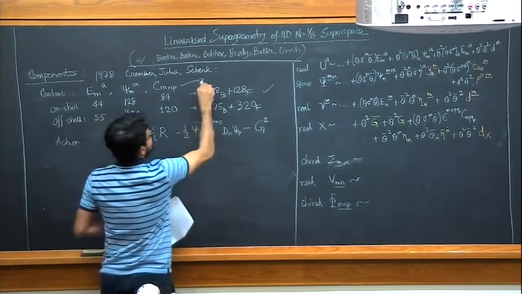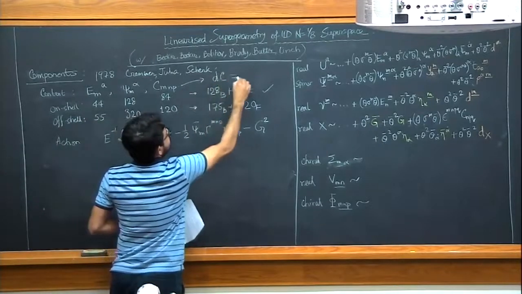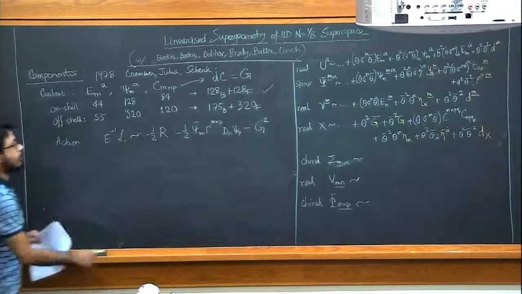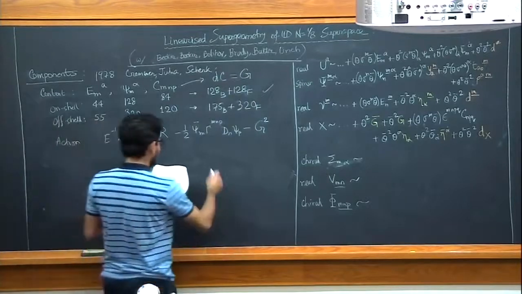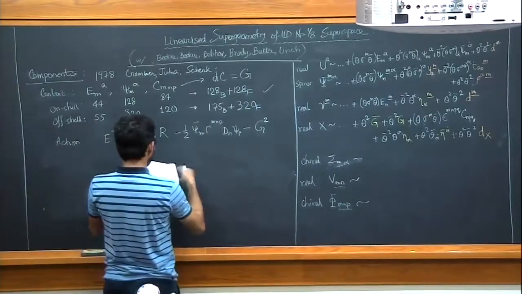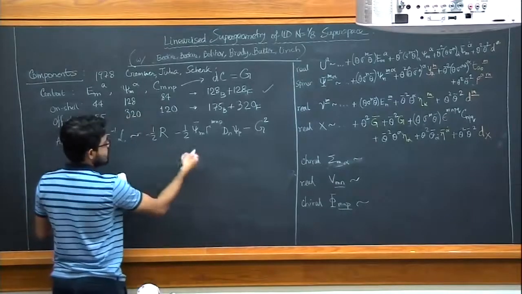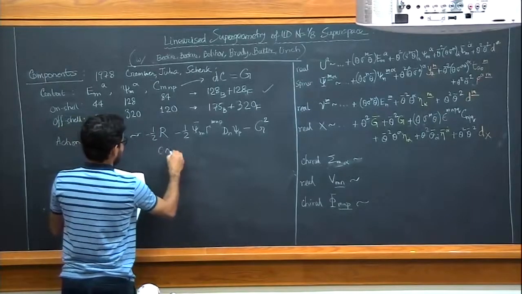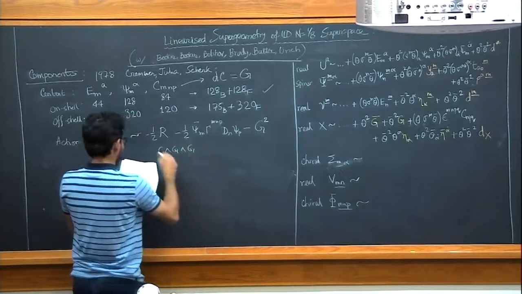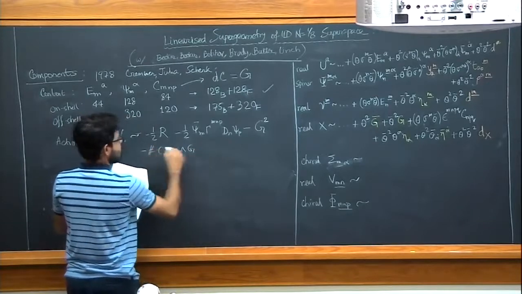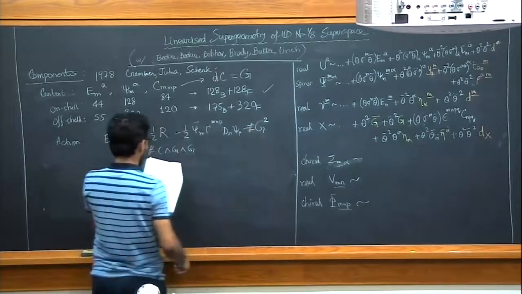Its field strength is denoted by the letter G. So you have a G squared term, and then you have the C wedge G wedge G term. There are some numbers sitting here and here; let's not worry about those.